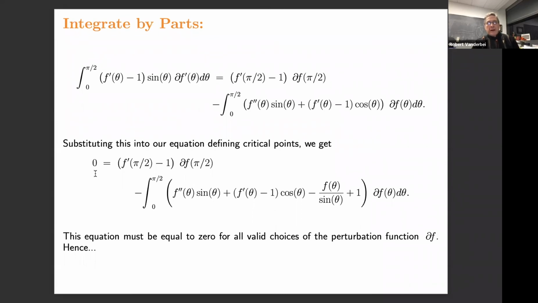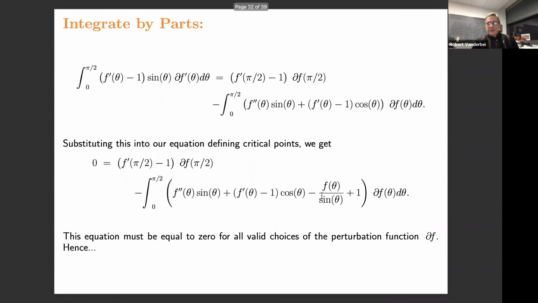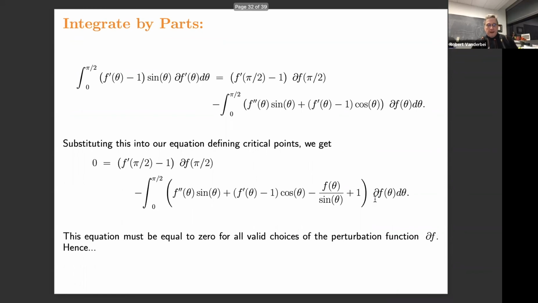So now I have 0 equals this thing minus this thing with 2 more terms added in, which are the 2 things that I had over here. And so those things are here. And by the way, I multiplied through by the sine. And so here we go.